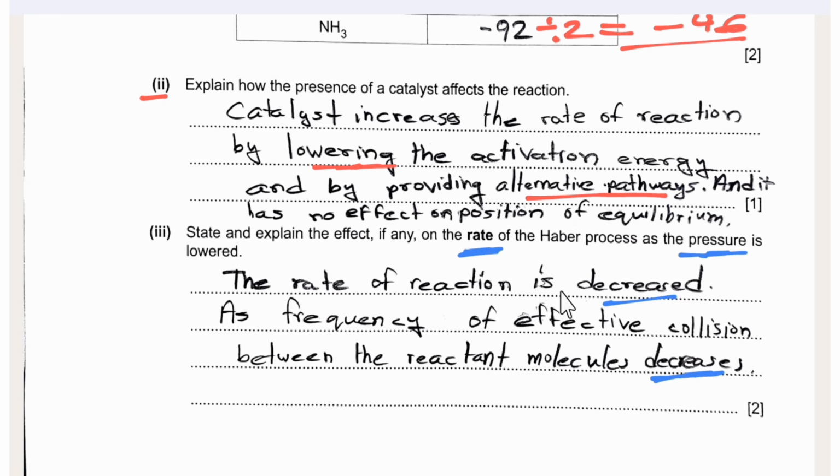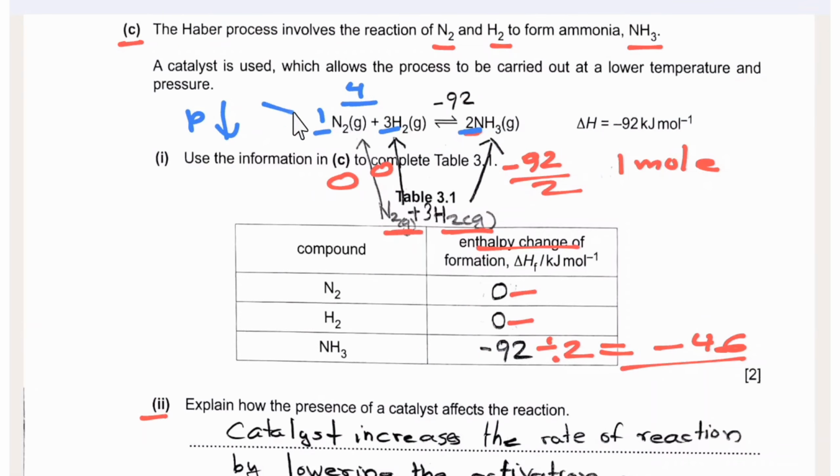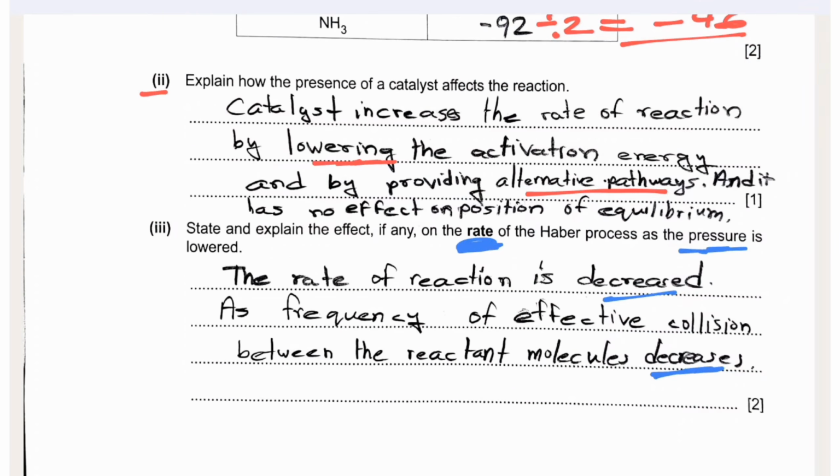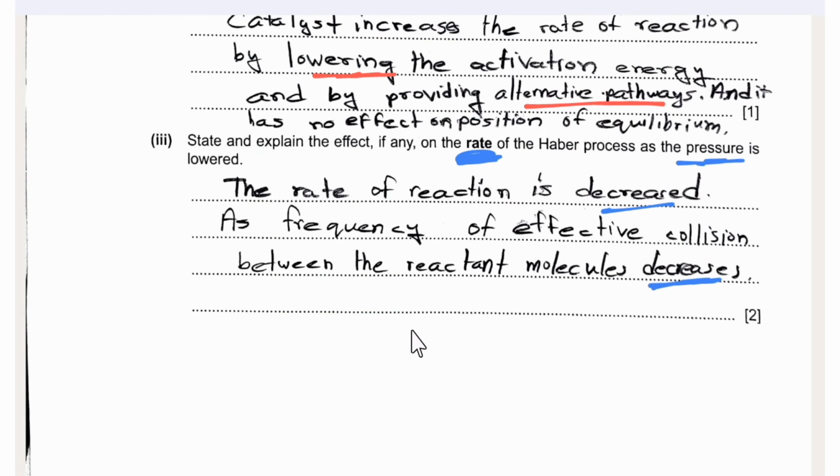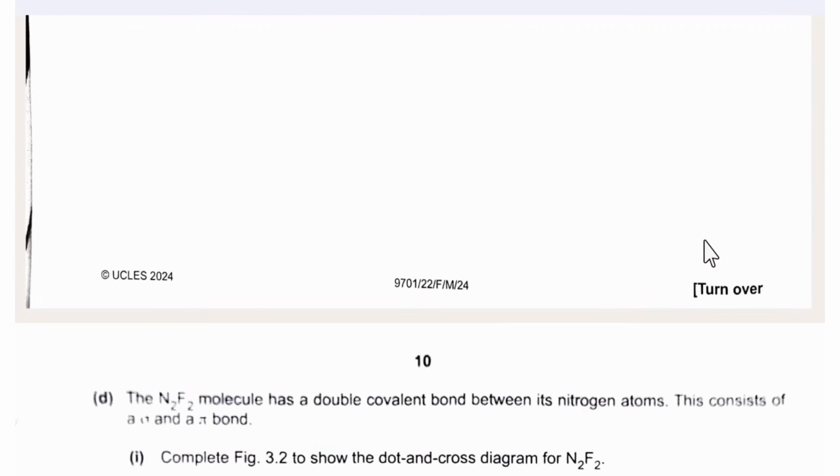It measures the rate and not the position of equilibrium. The molecules are further apart, so the rate of the reaction decreases.